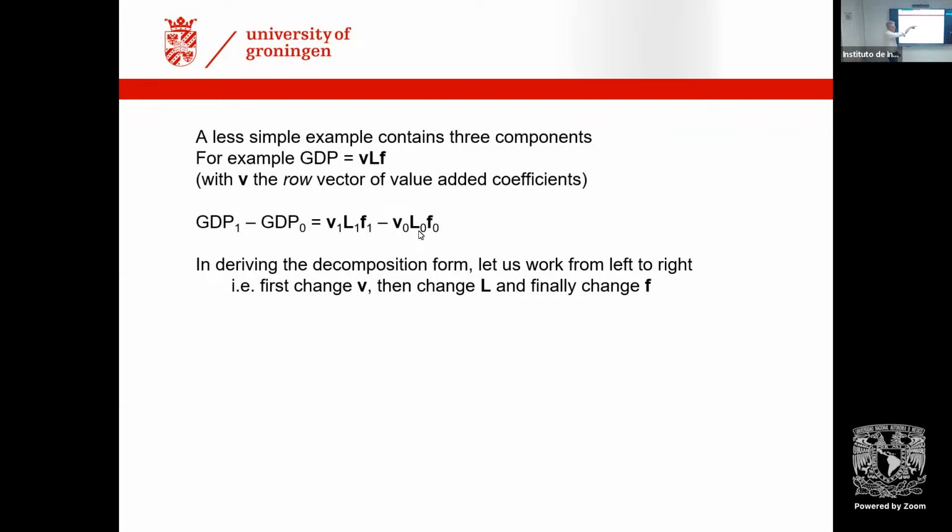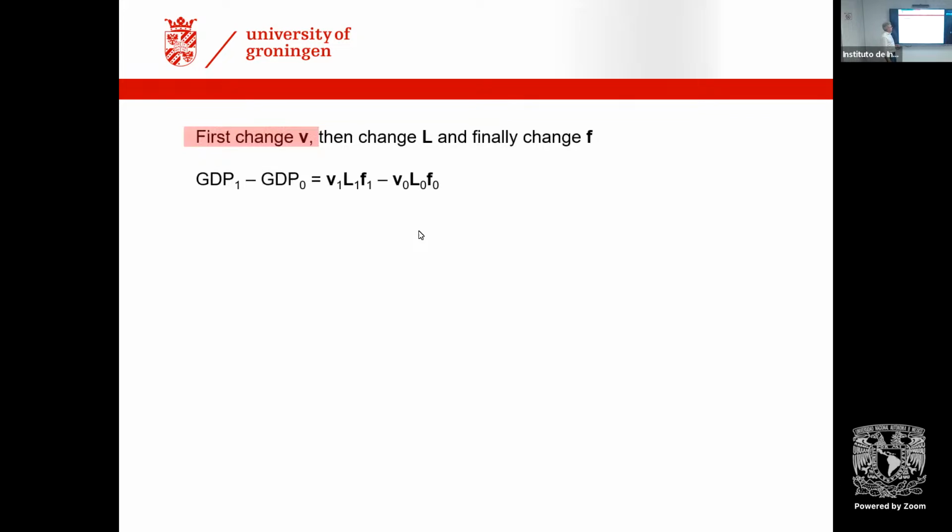So we're going from left to right, and later we're going from right to left. But now first from left to right. What do I mean? I mean that VLF, first I'm going to change V, then I'm going to change L, and afterwards I'm going to change at last the change in F. So let's start.